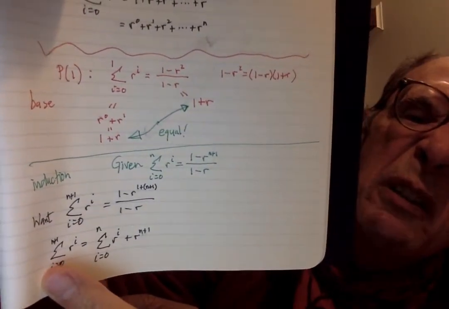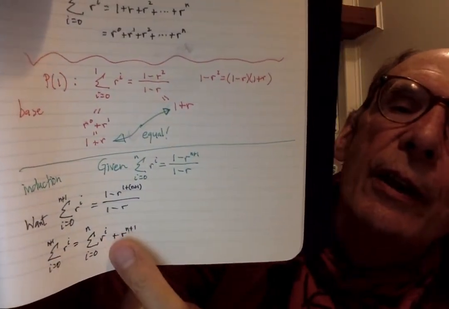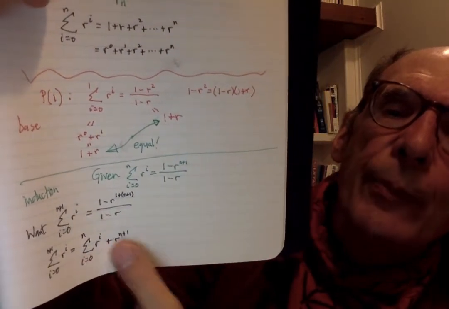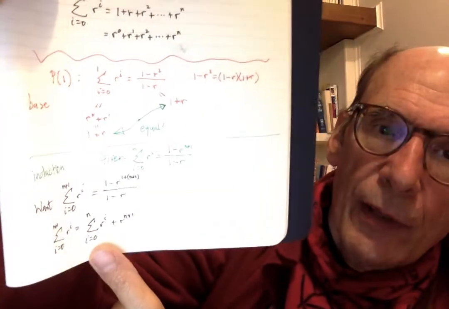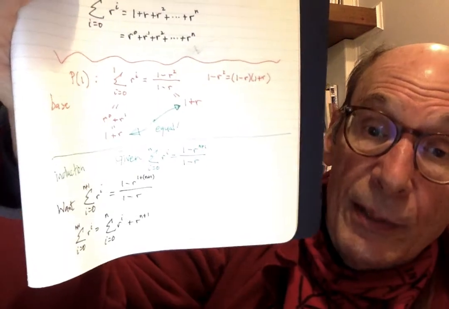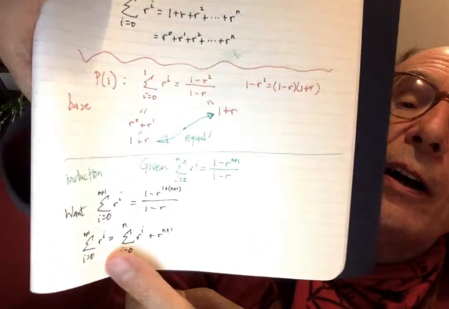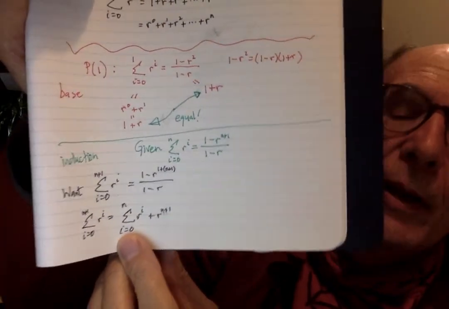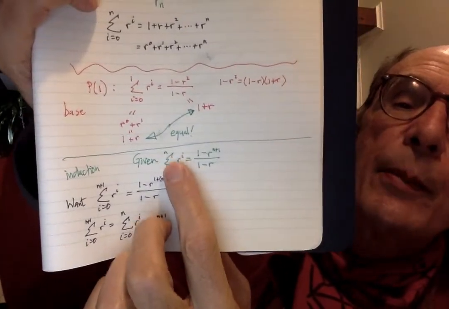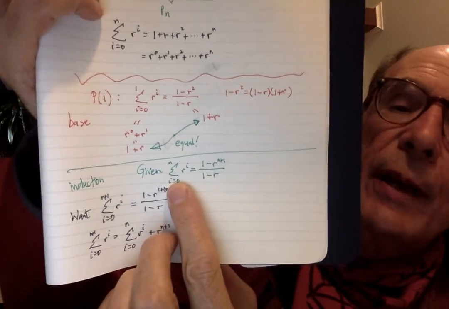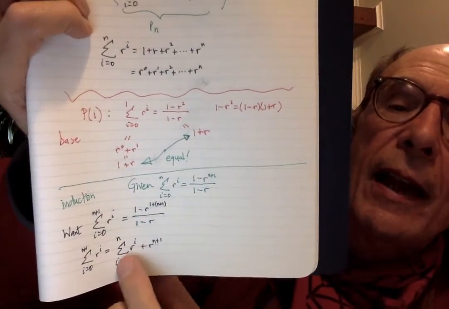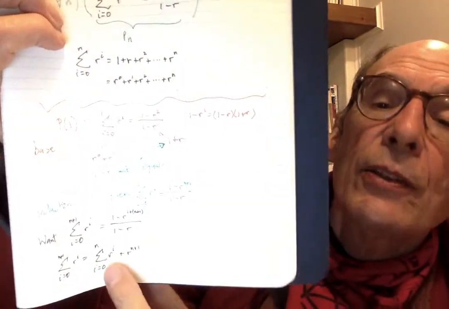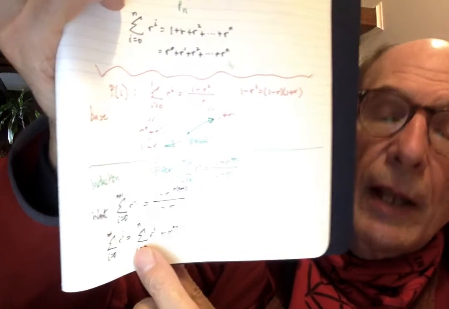So that's what we're interested in calculating. So we're going to start calculating it. And there sure are a huge number of ways to split this thing up. And I have chosen the way that includes one of the expressions from the given step. We're given some facts about this sum when it goes up to n, and now I've got the sum when it goes up to n. So now I have something that I can do.